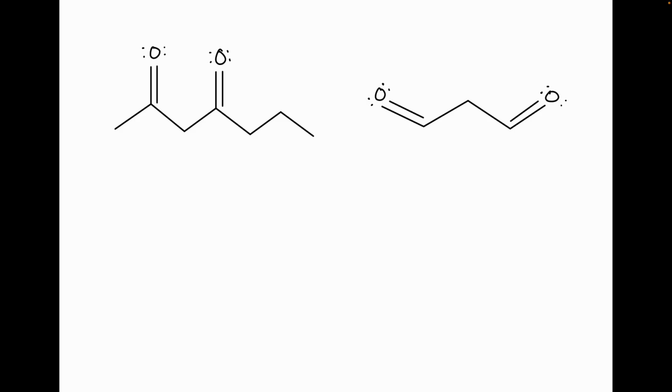So how am I going to put this into my name? What did we do when we had 2 alcohols in the same molecule? We used that di, right? Those were diols. So this would be a dione here. So going through and finding my parent chain, I got these 7 carbons. I'm going to number my parent chain.